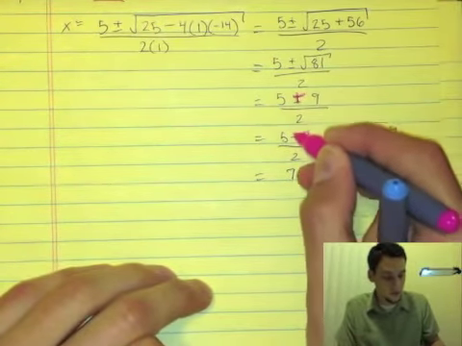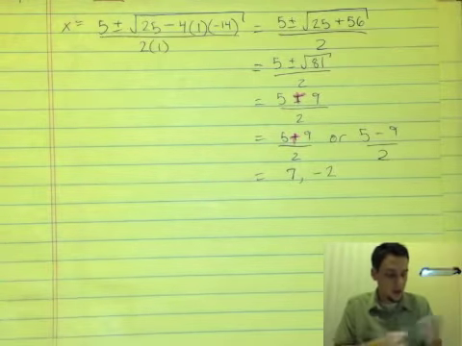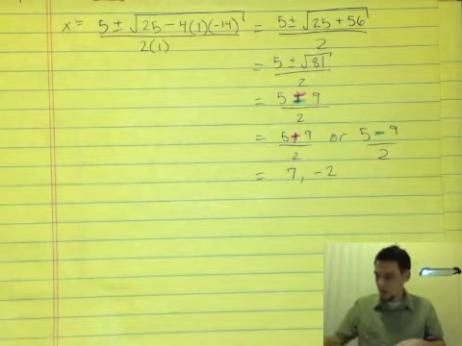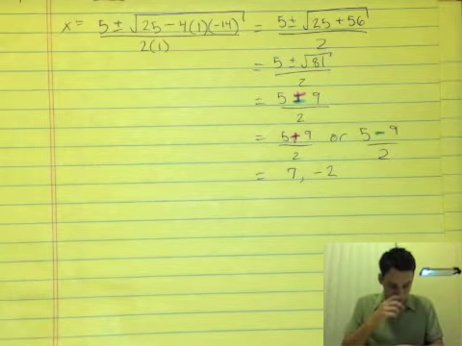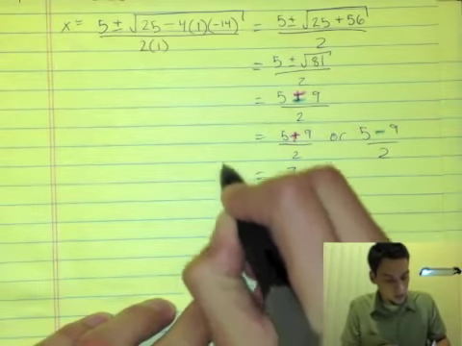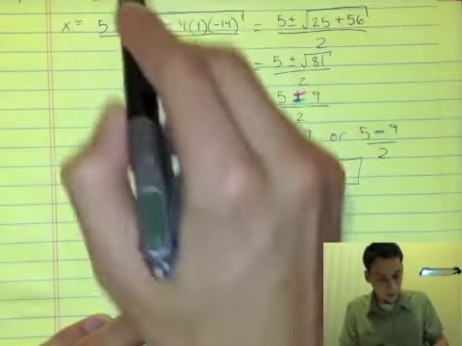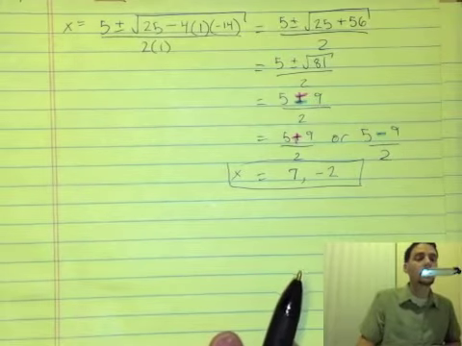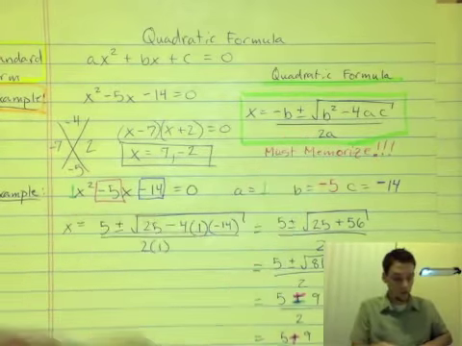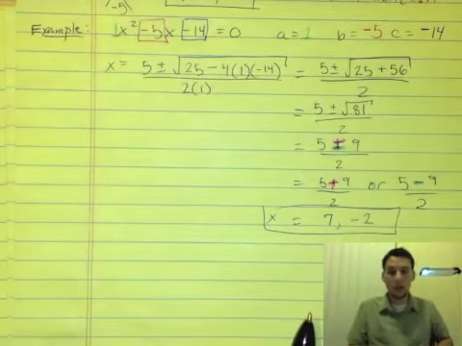There's the plus there, and the minus goes here. And these are the same solutions as before. 7 and negative 2. So we can use this quadratic formula to solve any quadratic equation.